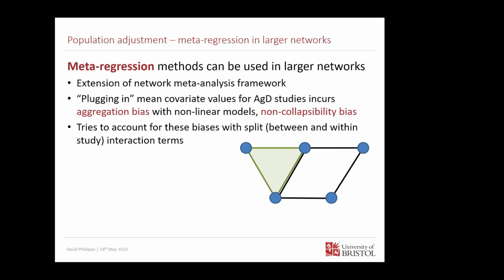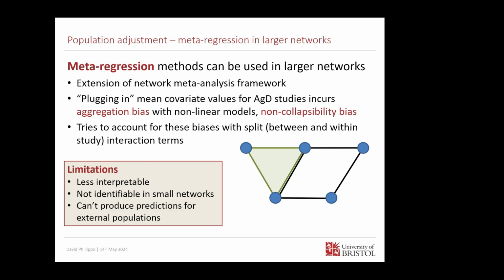But the problem with this, for the purposes of population adjustment and actually estimating relative treatment effects, is that not only are these models less interpretable, what is the effect of mean age on treatment? What does that mean? But they're also not identifiable in smaller networks. And crucially, you can't produce predictions for external populations because you have all these extra nuisance parameters in the model. So that frustrates the use of these methods.